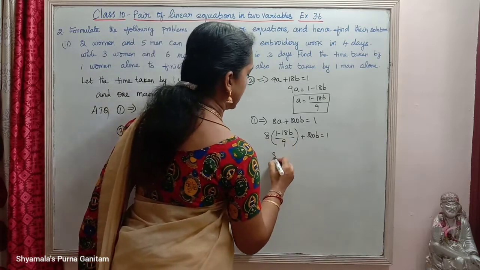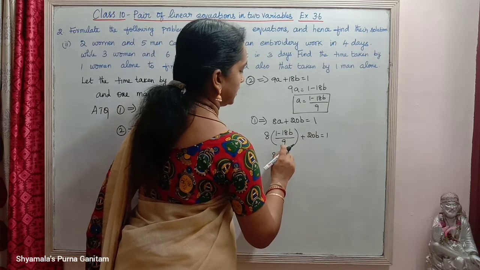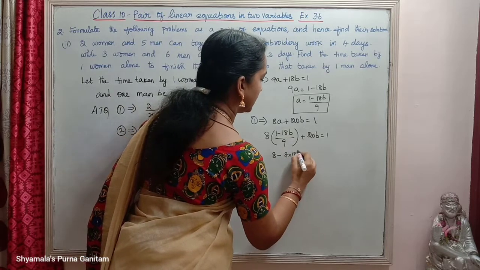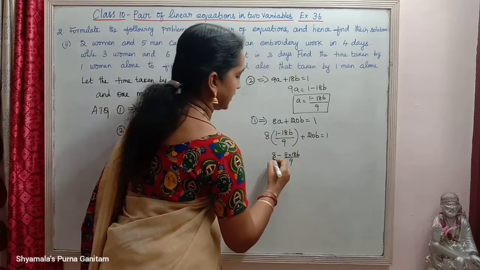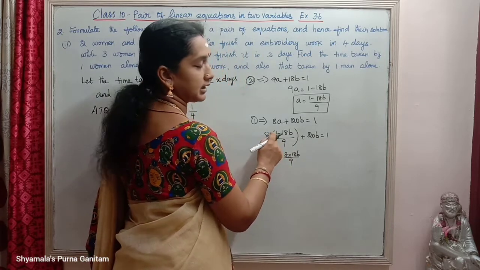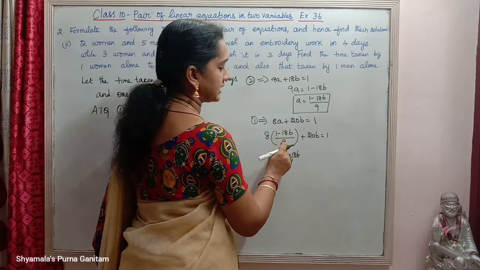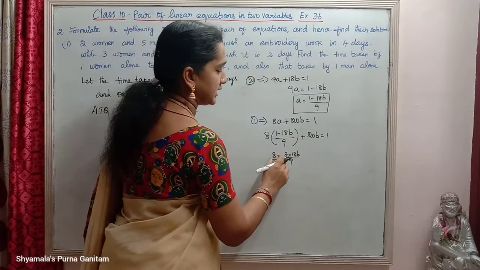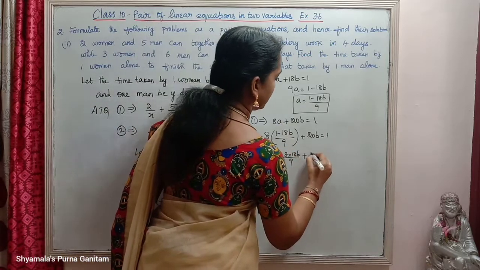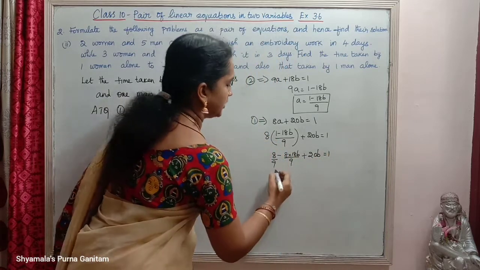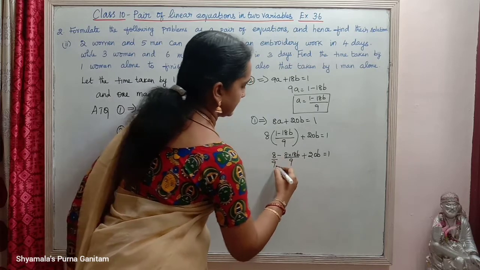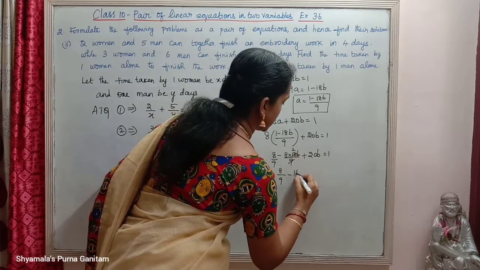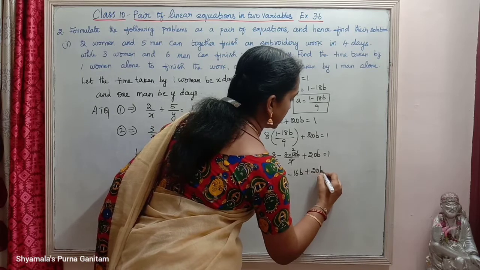Both terms have 9 as the denominator, so 8 by 9 minus 8 into 18b by 9 plus 20b is equal to 1. 9 2s are 18, so 8 2s are 16: 8 by 9 minus 16b plus 20b is equal to 1.